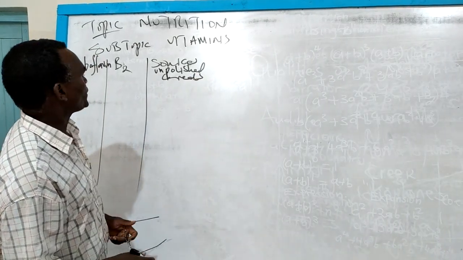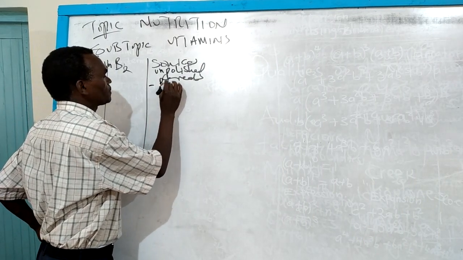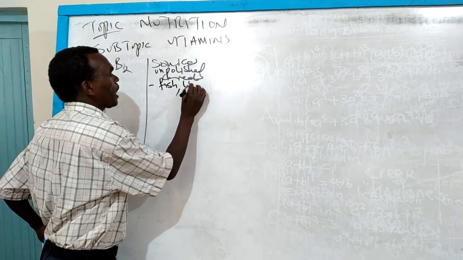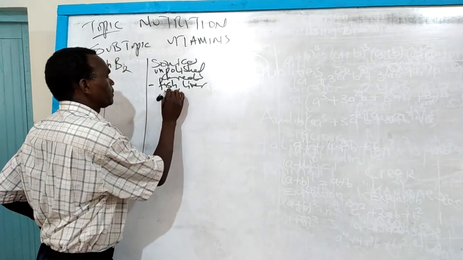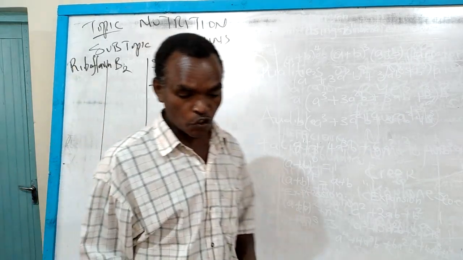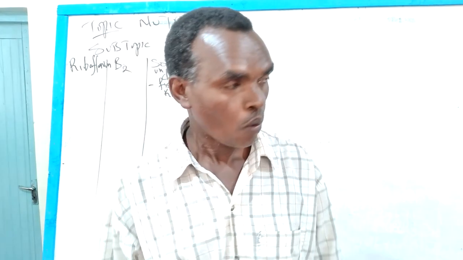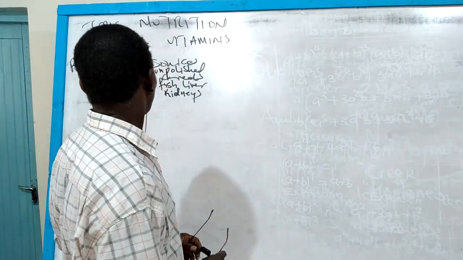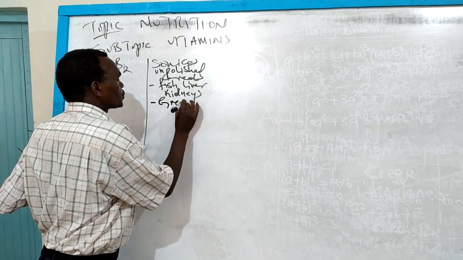We also have, for animals, the fish, the liver, and also kidneys. These are the natural sources of the vitamin B2. We also have green vegetables.